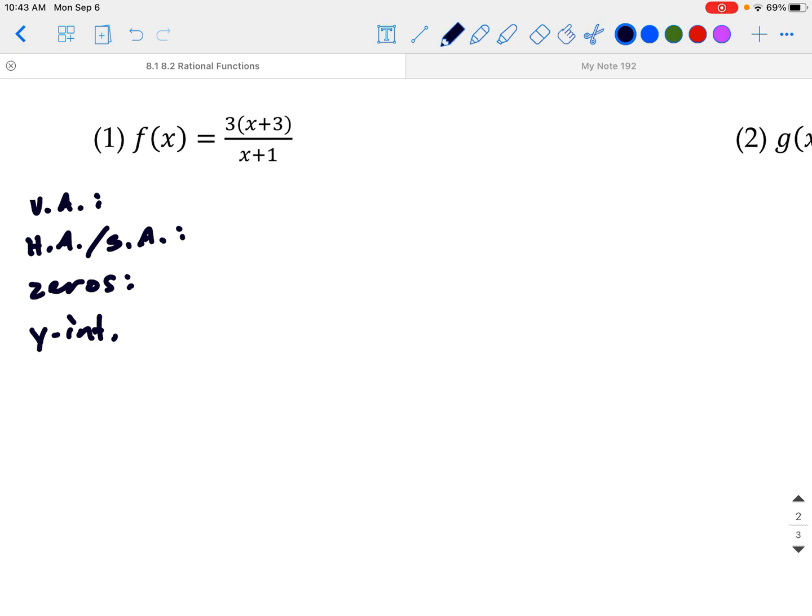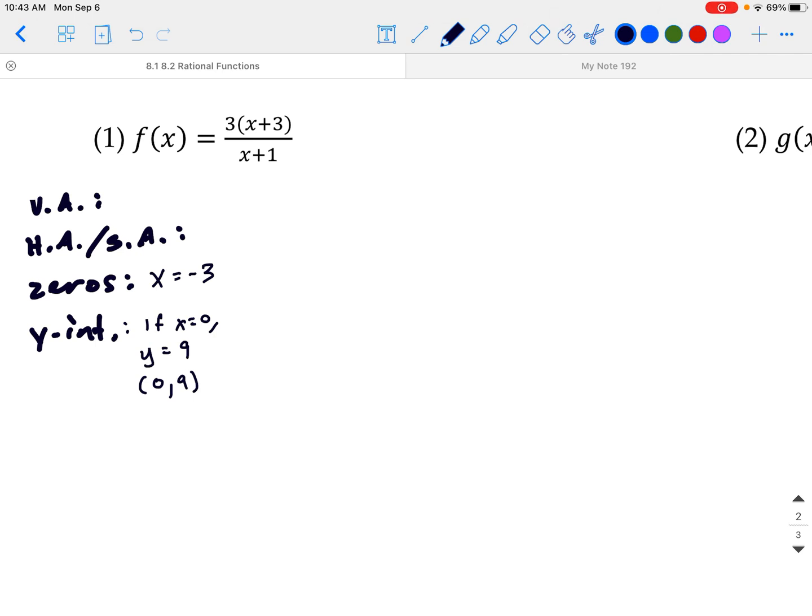Looking at our function here, we can see that there's a 0 at x equals -3. The y-intercept would be when x is 0. So if x equals 0, y is going to equal, well, we'll have 3 times 3 over 1, so 9. So (0, 9) is going to be our y-intercept.